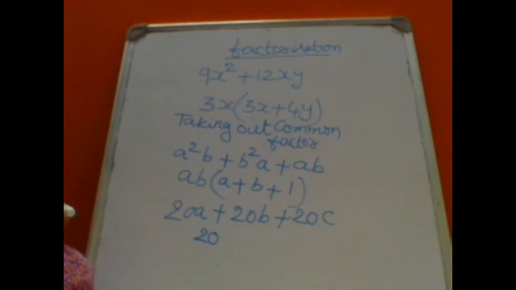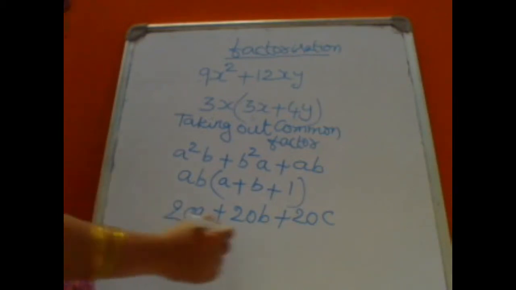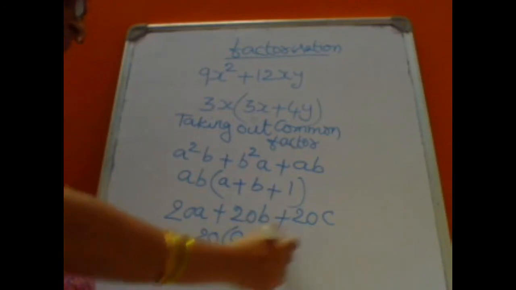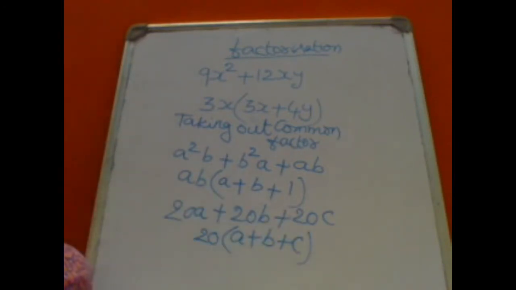If you don't have variables as common, take only the numericals as common, and in the bracket you write a plus b plus c. So the factors are 20 and a plus b plus c. Is it clear? And suppose we can take one more example.